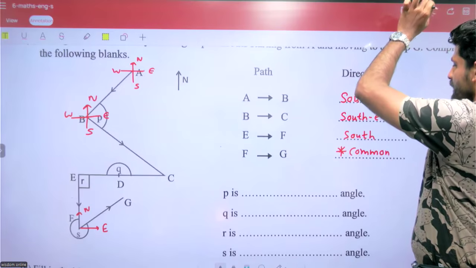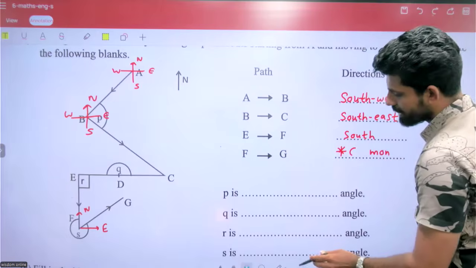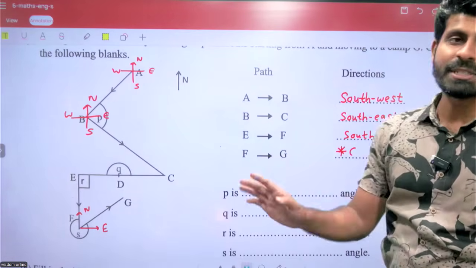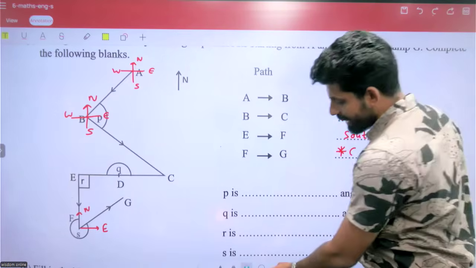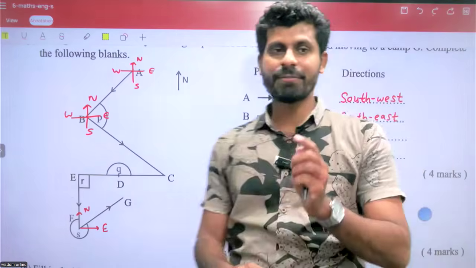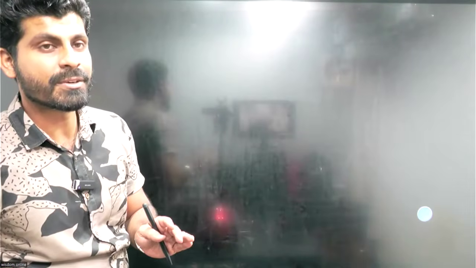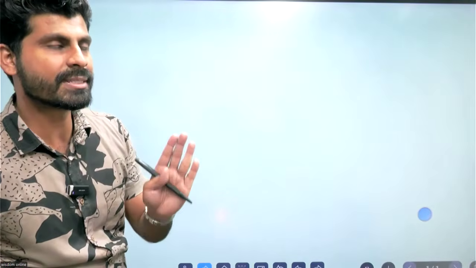Right? What is the direction related to F to G? Just quickly drop your answers.